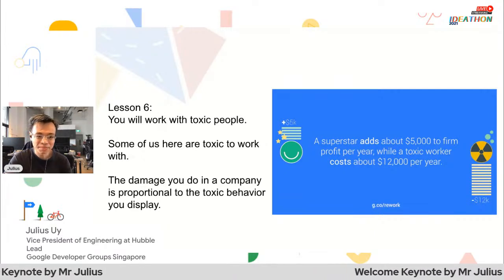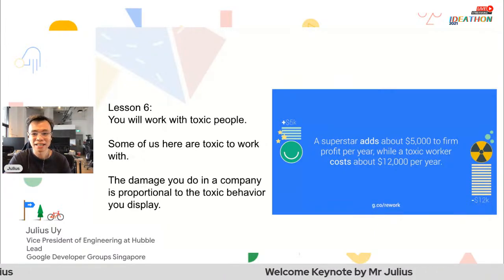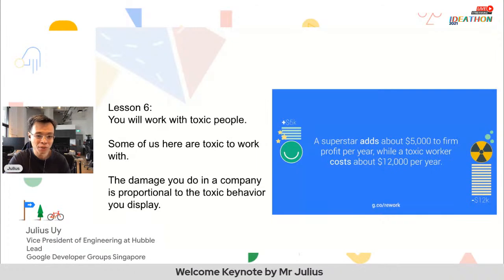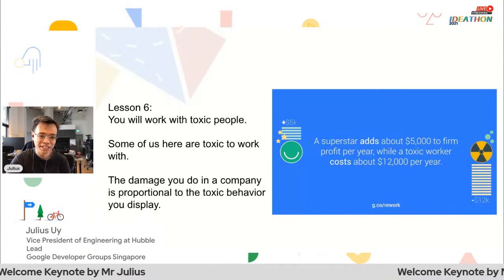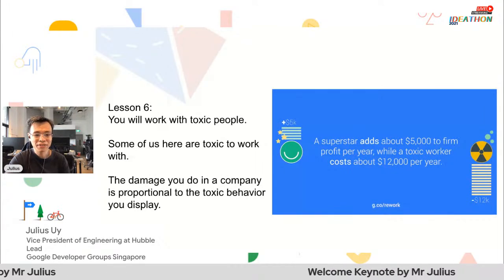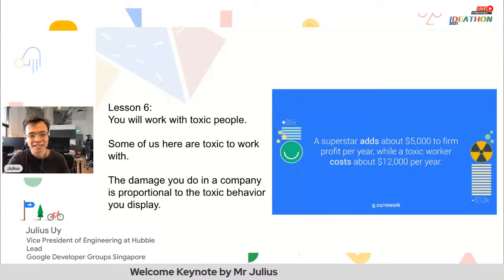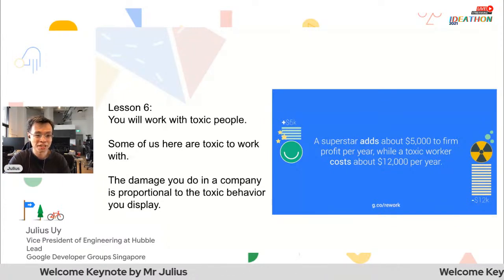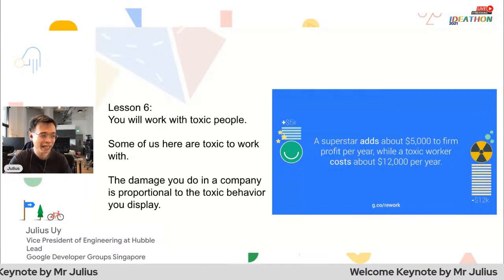We may become toxic employees ourselves, and for sure we will be working with toxic people. You will expect this in the next 30, 40 years of your career, and be very, very careful about this, because if you become a toxic employee yourself, the damage that you do to a company is proportional to the toxic behavior you display.